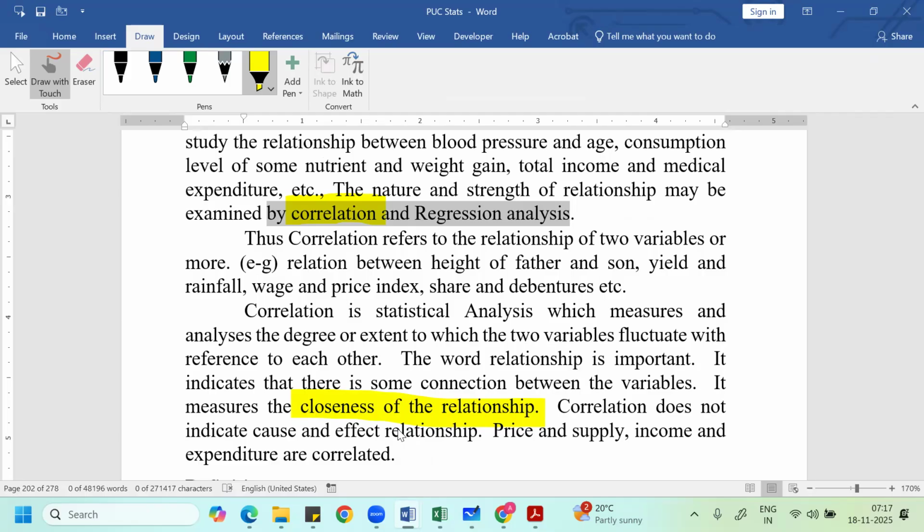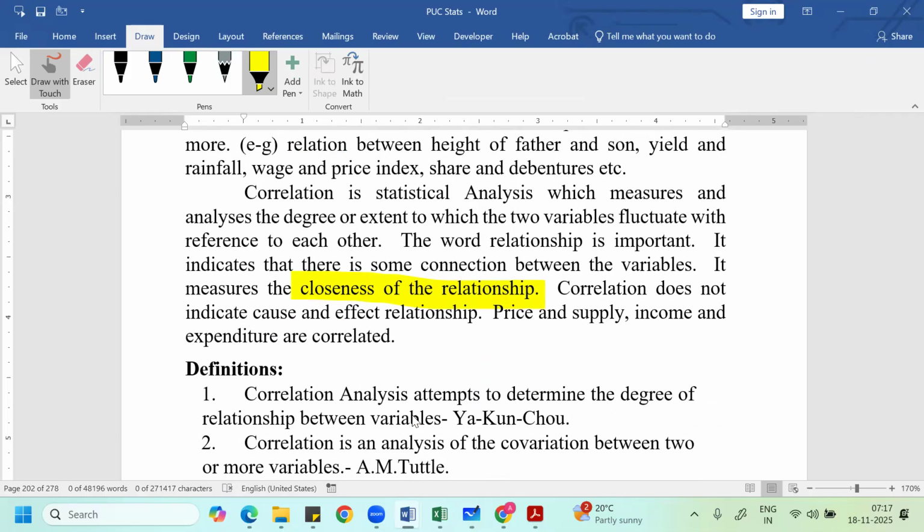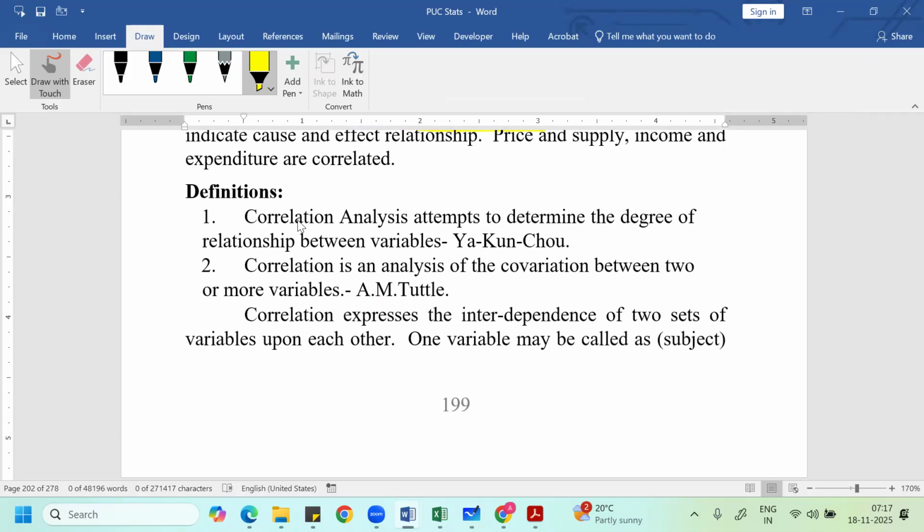If the value is very low, like 0.00 something, the two variables are not at all related.